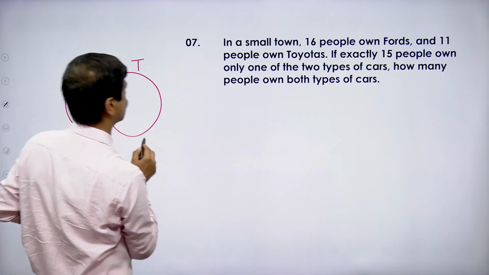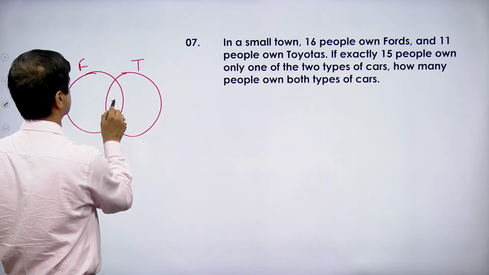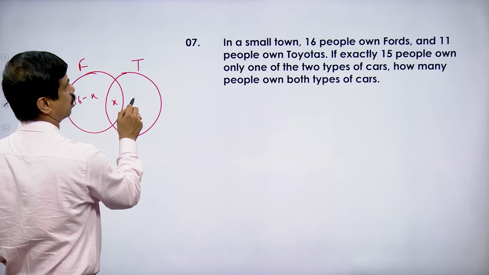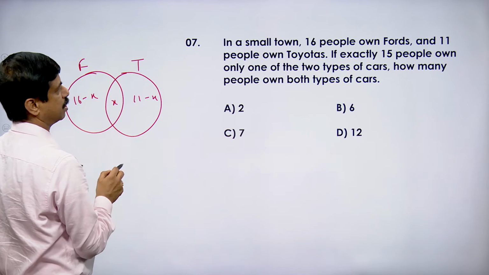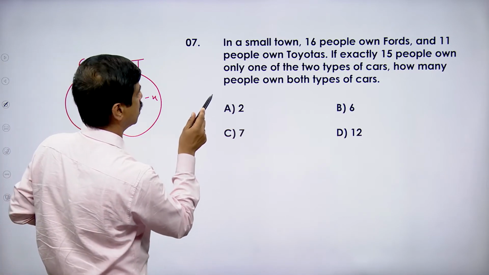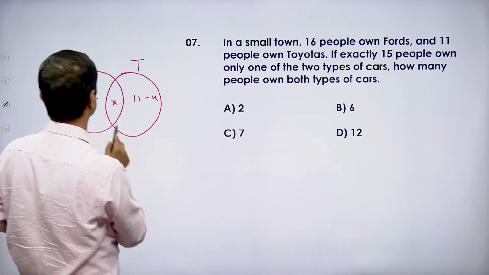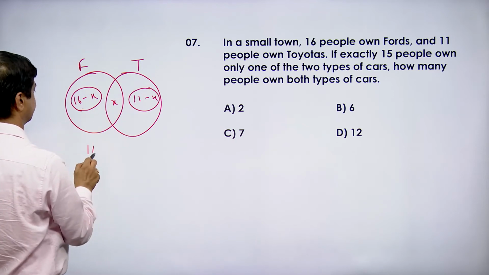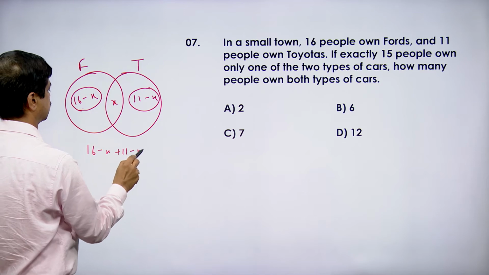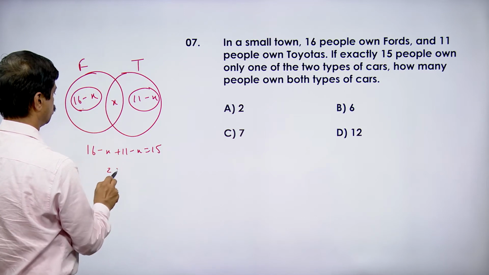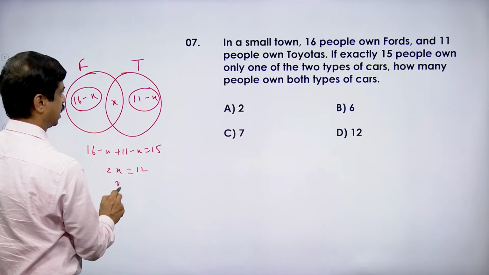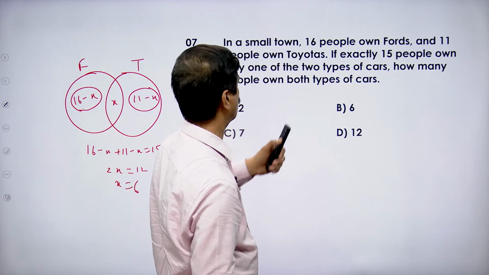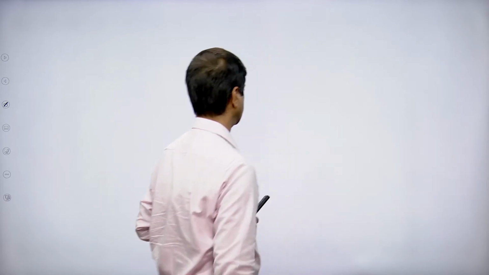Number of people that own this one are 16, so let us call this as X. This is 16 minus X and Toyota is 11 minus X. So now only one of the two, 15 people, so sum of these two, this plus this is 15 he gave, 16 minus X plus 11 minus X equal to 15. So 2X equal to 12, X equal to 6. So how many people own both the cars? Means 6. Please note it fast, quick.